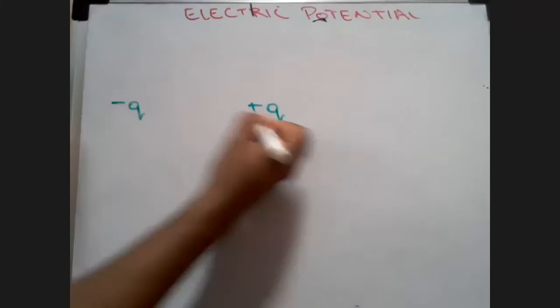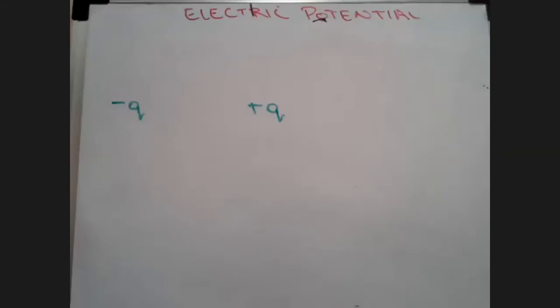Just tell me, look here, suppose there is a minus q here and a plus q over here, and I want to find out the electric field, let's say the potential, not electric field. The concept of potential. You remember everything we did earlier?